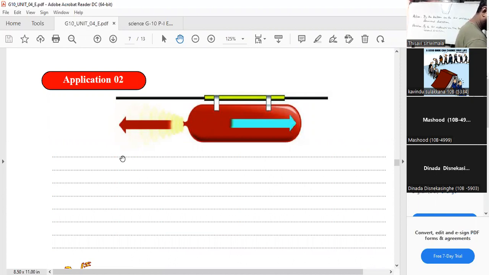Reaction by the air molecules on the balloon to the right direction.